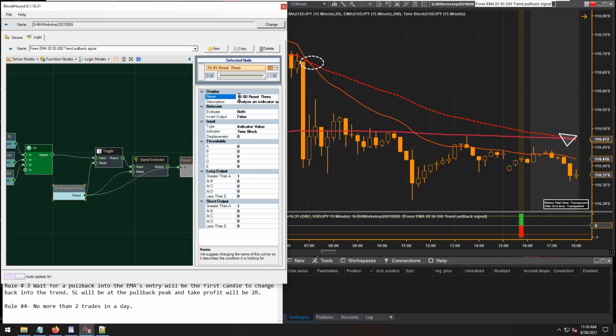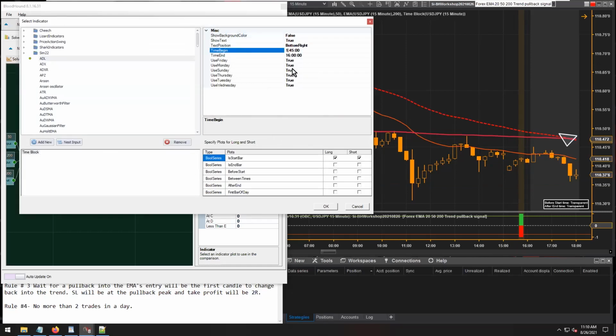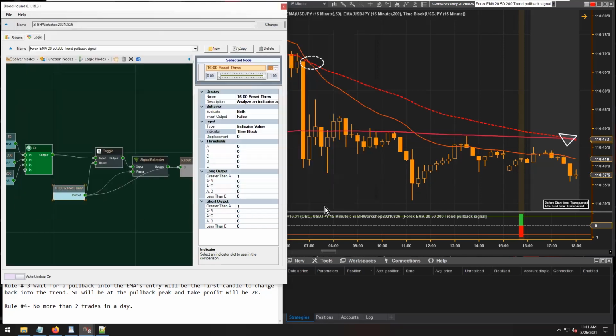So for now, I am going to adjust this back to 1600 for my reset signals here. Again, I am adjusting our reset signals back to 1600 instead of the bar before.